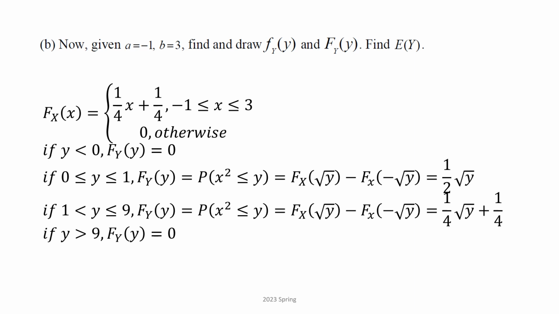And if y is larger than 1 and less than or equal to 9, it still equals Fx of square root of y minus Fx of negative square root of y, but Fx of negative square root of y equals 0 in this case, and it equals 1 over 4 square root of y plus 1 over 4.